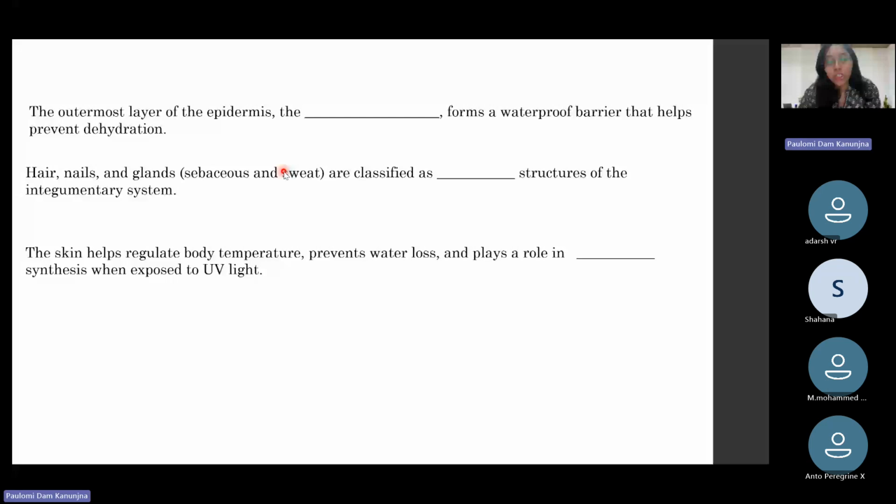If you're confused, you can just take a guess. We will anyway discuss the answers. Anybody? Okay, maybe you can attempt whatever you know. If you know one of these answers, you can type that answer as well.